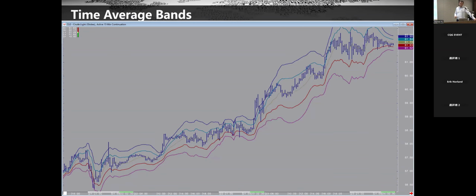The time average band, again by Sean, is something that will give traders an idea of the average volatility and the average range that is expected at a specific bar during the day. So over here, for example, we can see that we've got a price of NYMEX crude on a 15-minute basis.